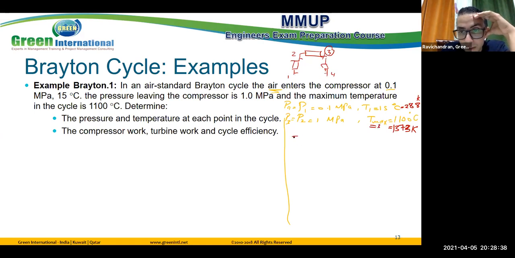So now we can get T2. T2 over T1 is equal to P2 over P1 to the power gamma minus 1 over gamma. In this case, what's gamma? 1.4 for air.